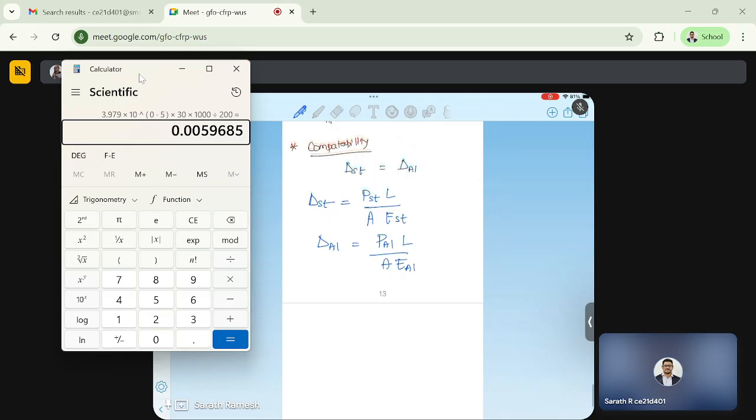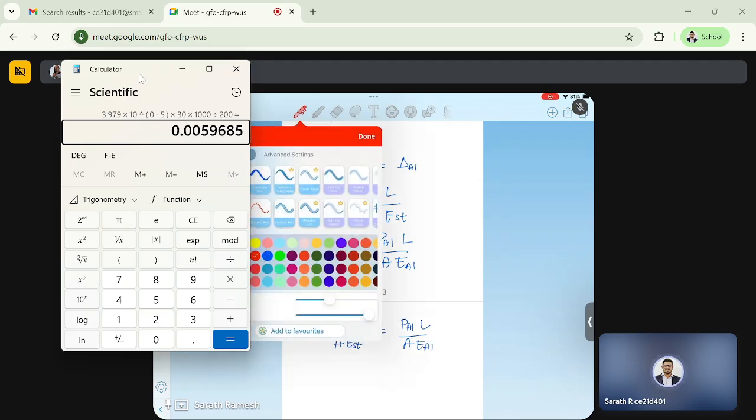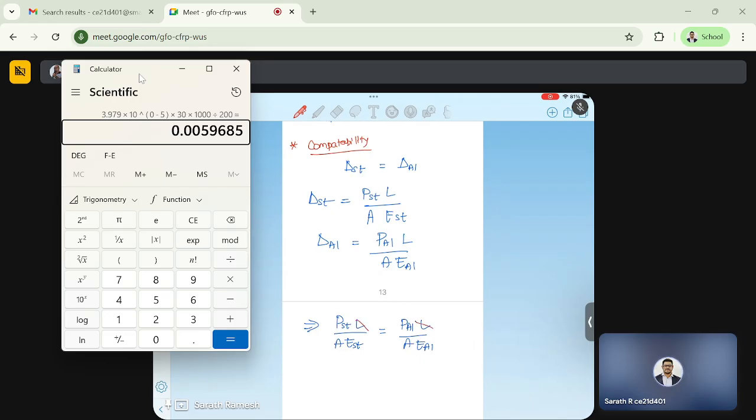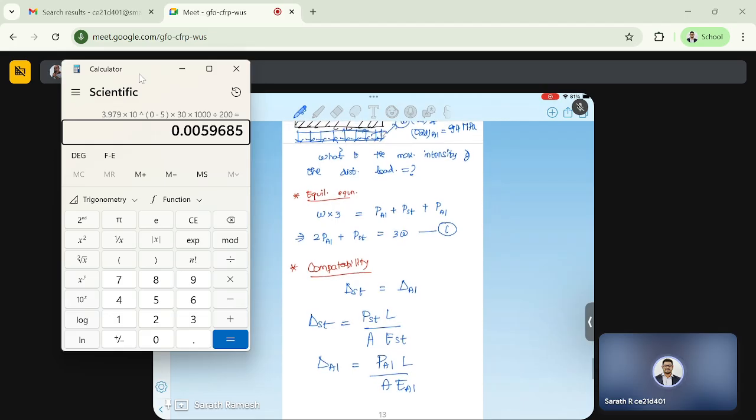So when we substitute this, we get P_ST L by A E_ST is equal to P_aluminum L by A E_aluminum. Since L is the same, it cancels, A cancels. So we are able to find a relation between P_ST and P_aluminum.